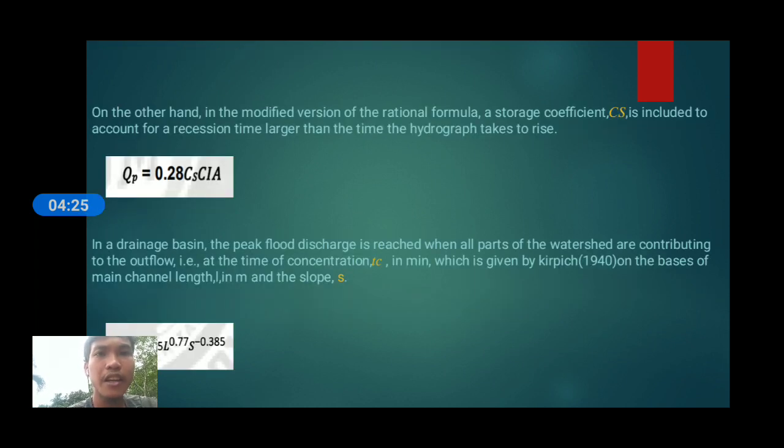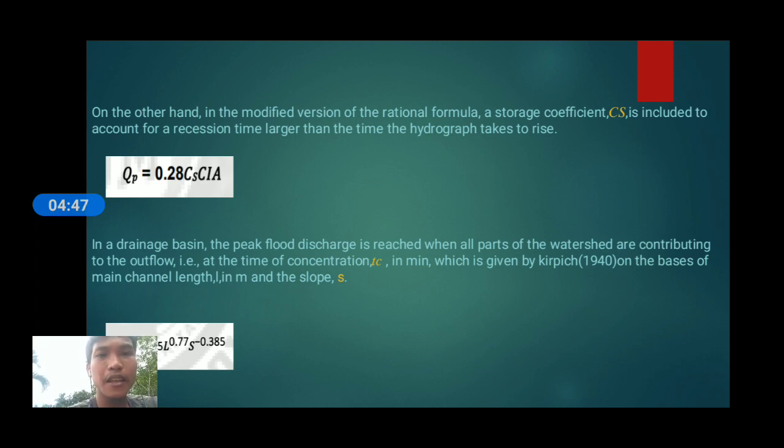In the modified version of the rational formula, a storage coefficient CS is included to account for a recession time larger than the time the hydrograph takes to rise, and QP equals 0.28 CS times CIA.